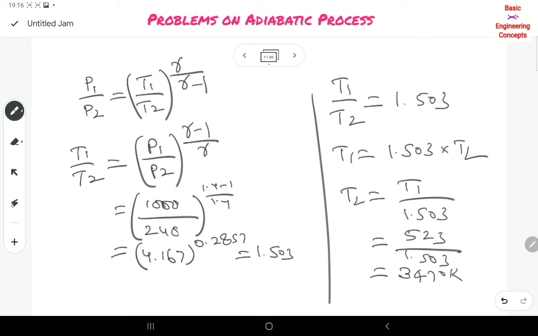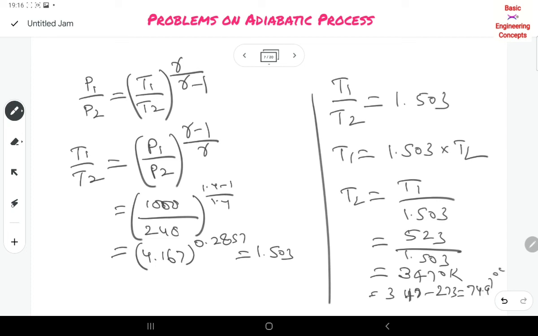If you want the answer in degrees C, you subtract 273, that is 347 minus 273 is equal to 74.97 degrees C.